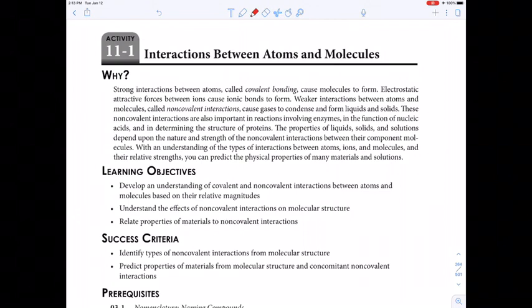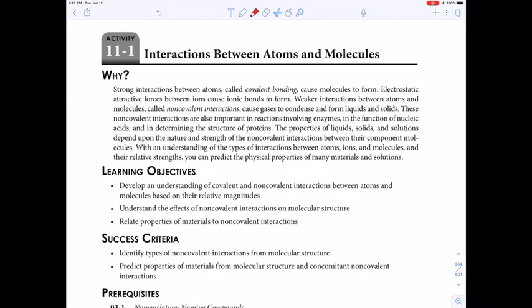These non-covalent interactions are also important in reactions involving enzymes and the function of nucleic acids, in the structure of your DNA that is essential to you existing, and in determining the structure of proteins, which again is what makes up your body mostly.